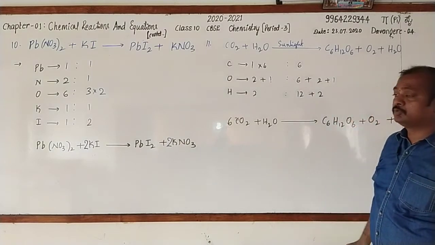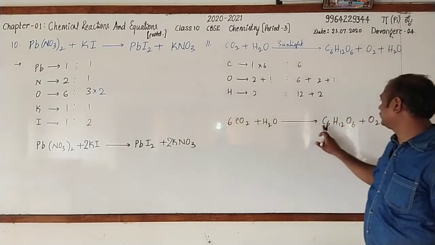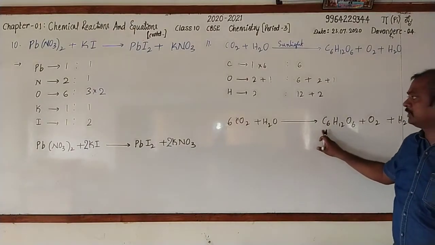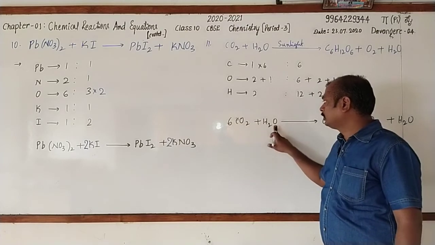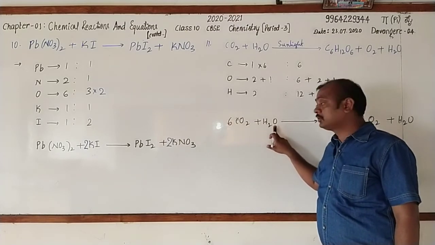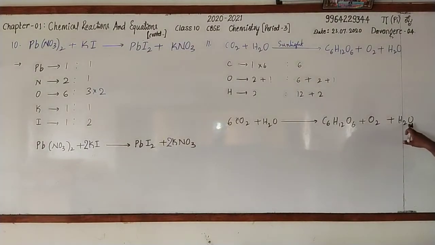Now count the number of oxygen atoms. Here 6 carbon atoms, here is 6. No problem at all. And oxygen 6 2s are 12. 12 plus 1, 13. But here is 6, 2 and here is 1. Total 9. Hence, how do you balance the remaining?